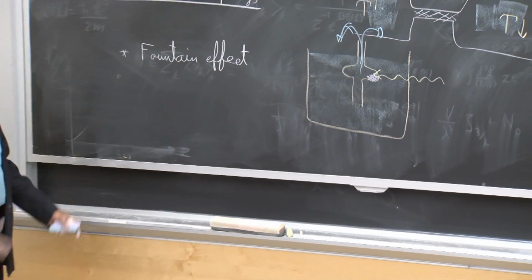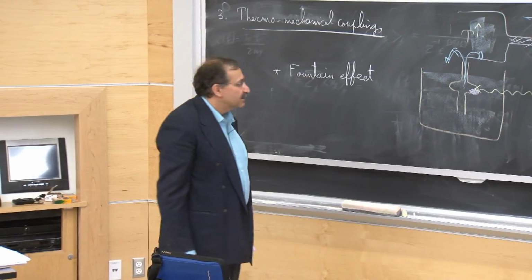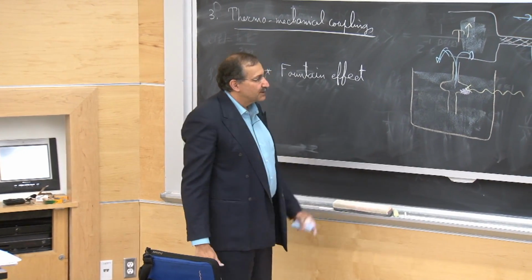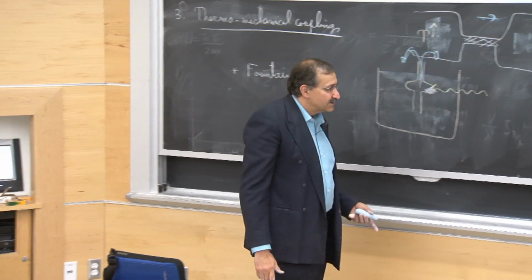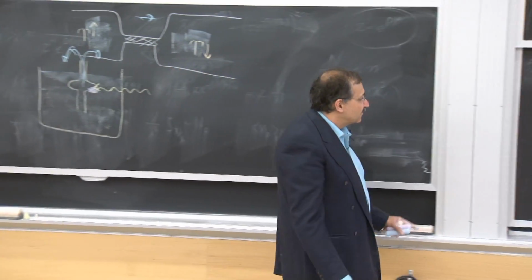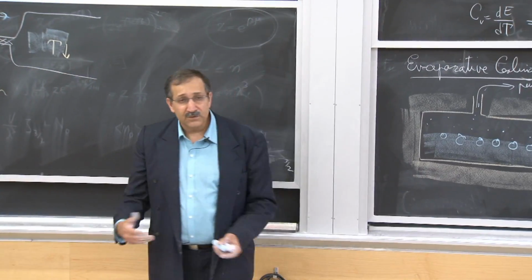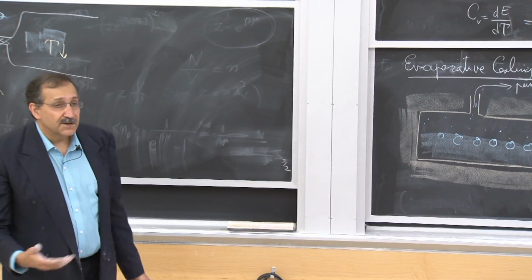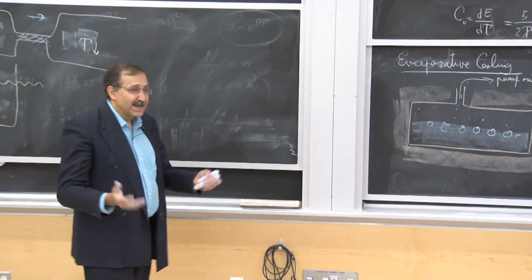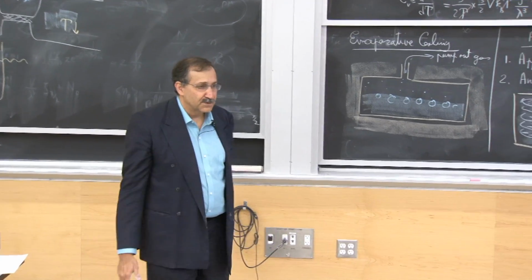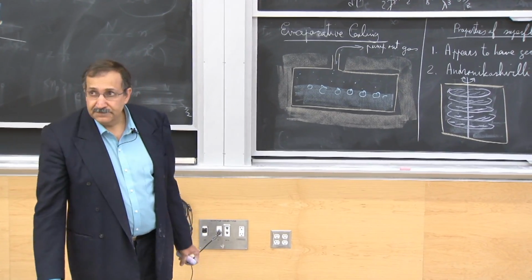Okay, so there is this coupling between temperature and mechanical properties, and actually this issue of boiling, not boiling, is also a manifestation of a coupling between temperature and mechanical properties, which is whether the fluid is boiling or not boiling. Okay?